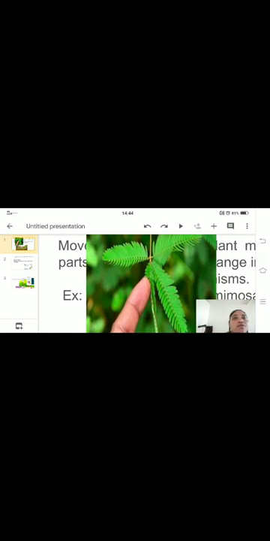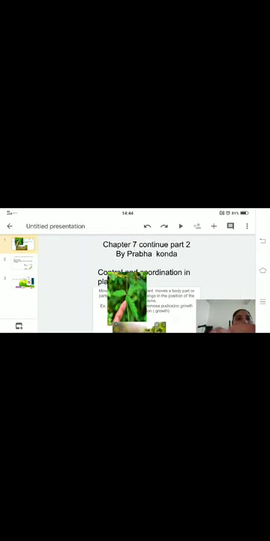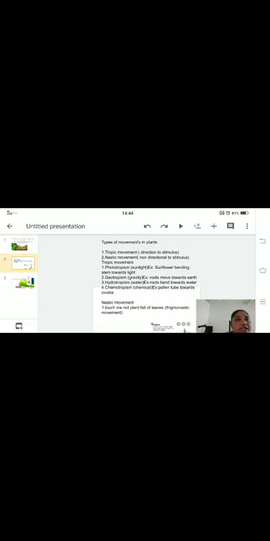Okay, let us recall what we have studied. In the first slide, we went through the movements in a plant. Fine. There are two types of movement, that is trophic movement and nastic movement. In trophic movement, the plant moves in a direction towards the stimulus.